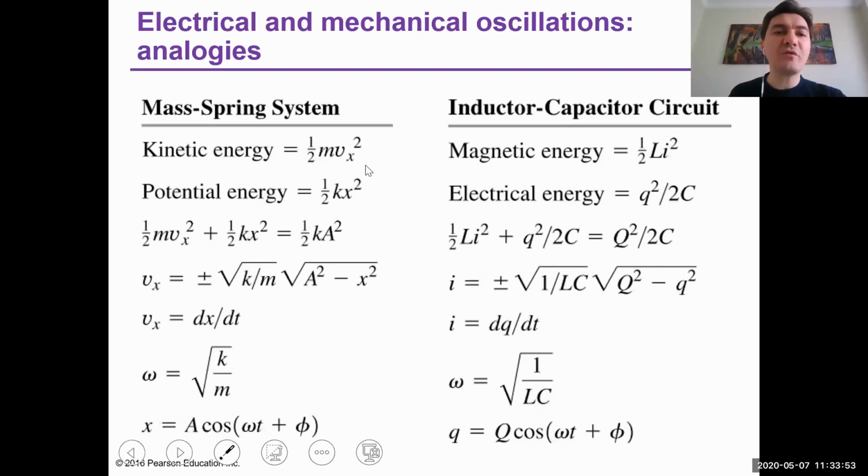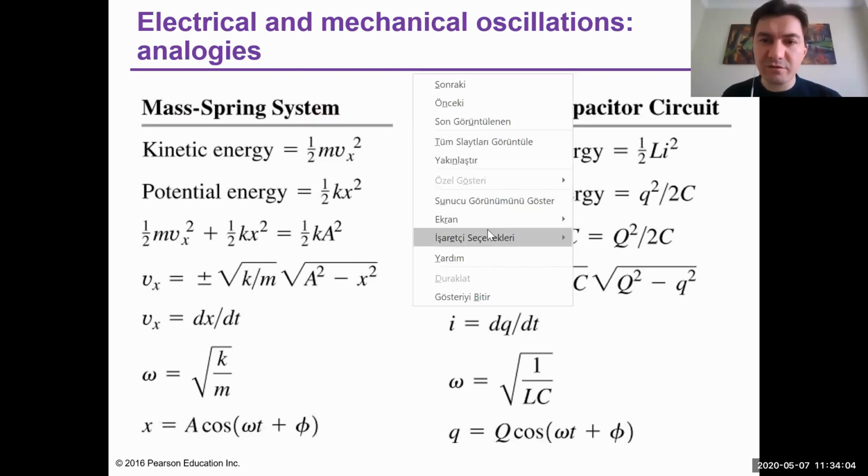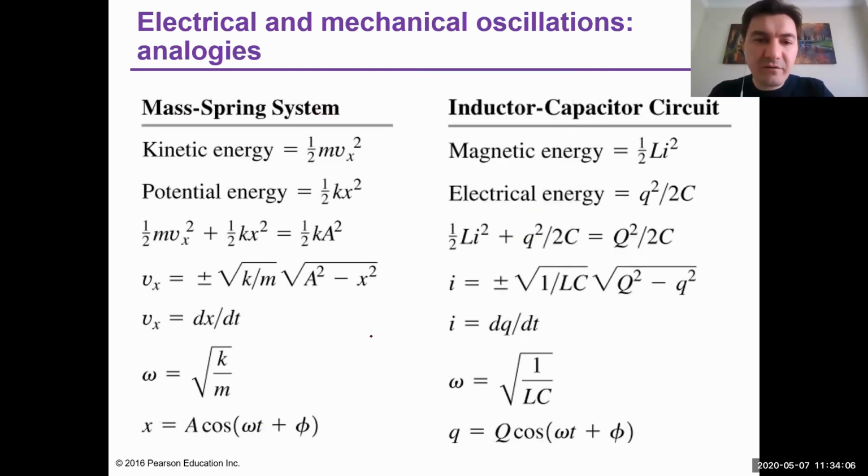Now let me show you the analogy between electrical and mechanical oscillations. What was the mechanical oscillation? You remember mass spring system. Let me draw here. Let's consider there is a wall here, and then here we have a mass, and here we have a spring, okay, connected to the wall. And let's consider this is X is 0, okay?